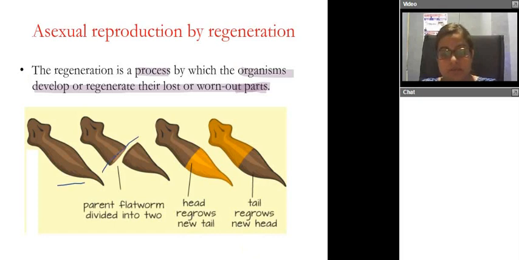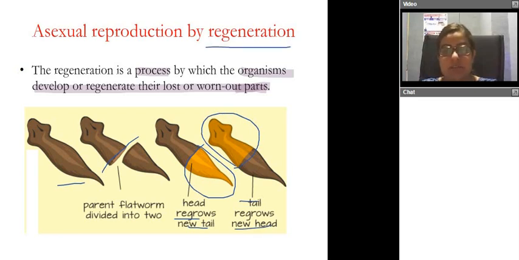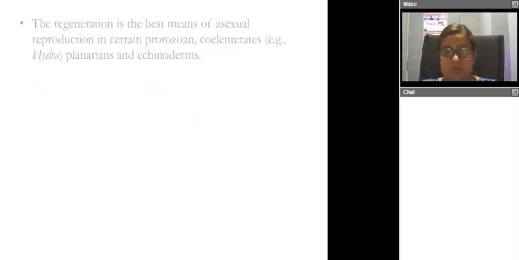It is divided into two parts, and each of these parts regenerates its lost part. The head regrows the tail, and the tail regrows the head. This process is known as regeneration.